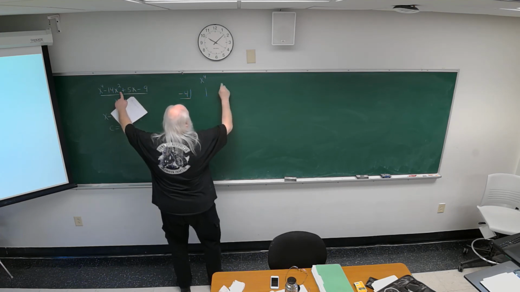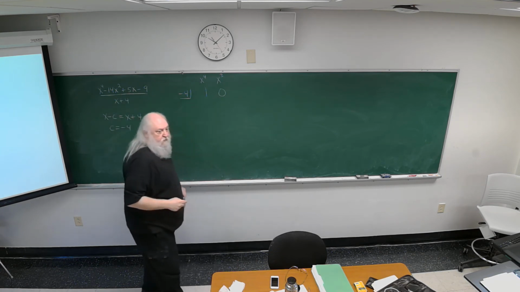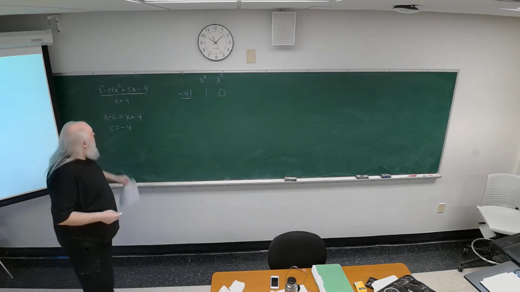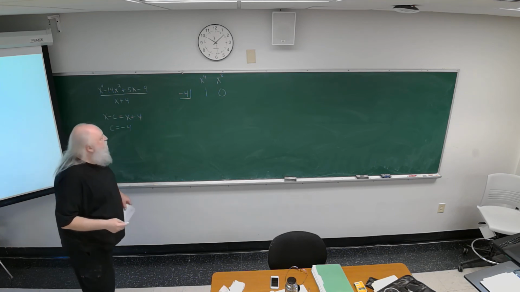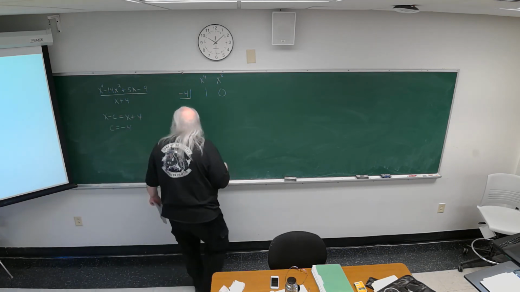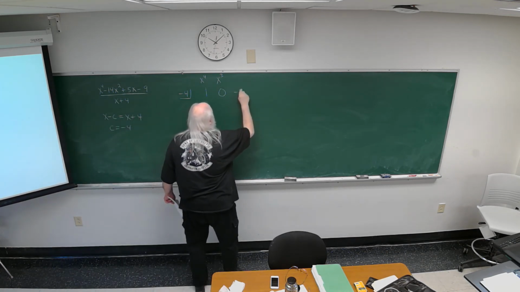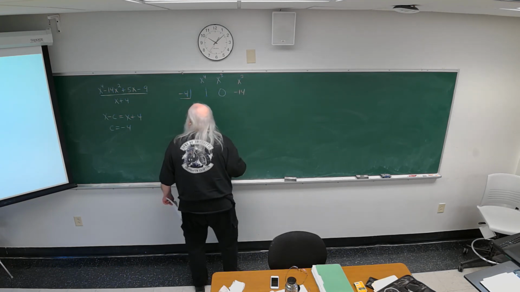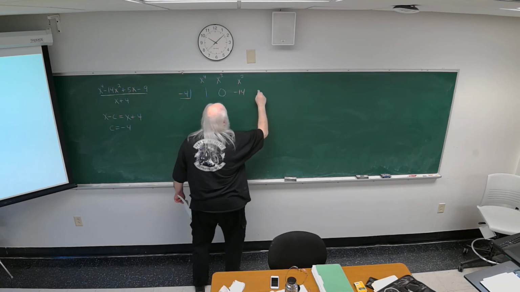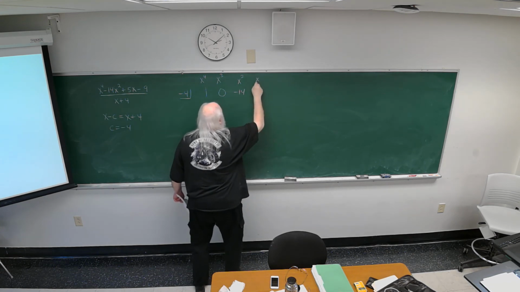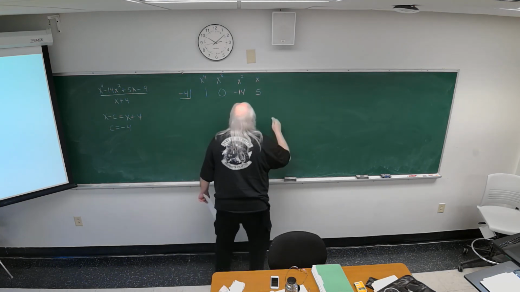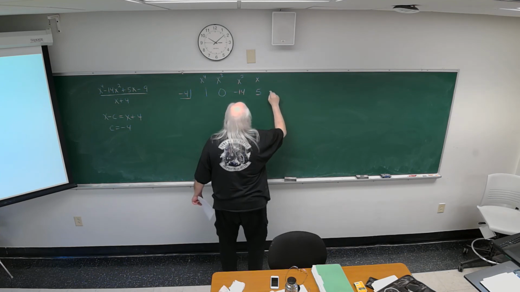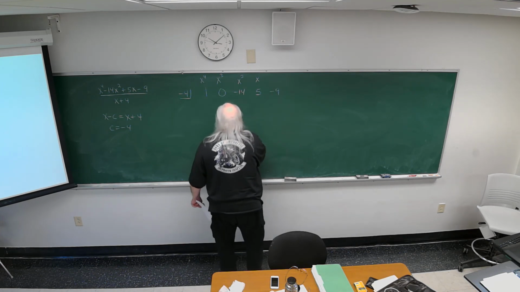So the coefficient in front of the x cubed term is 0. 0 times x cubed is 0. That's why you don't see an x cubed here. The coefficient in front of the x squared is -14. And the coefficient in front of the x is 5. And then the constant term is -9.